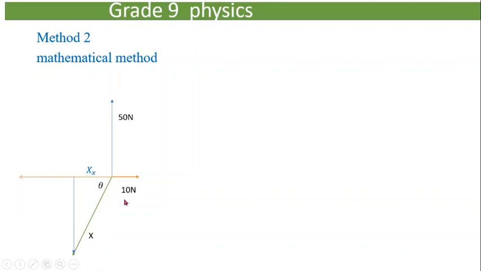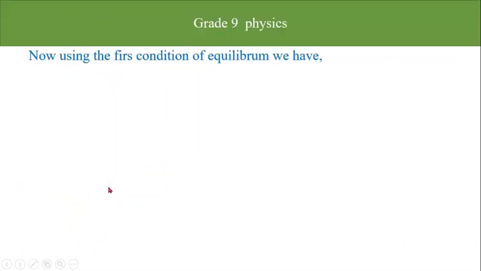This is xx. So by vector resolution method, we can find this. Before that, we know that if an object is in equilibrium, the summation of all forces acting on the object is zero. This implies that the summation of all forces along the x-axis is equal to zero, and the summation of all forces along the y-axis is equal to zero. Sorry for this subscript.